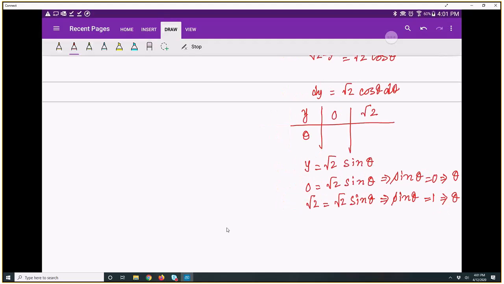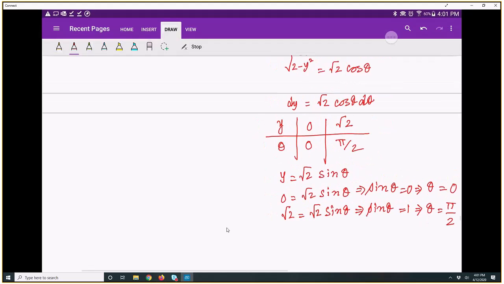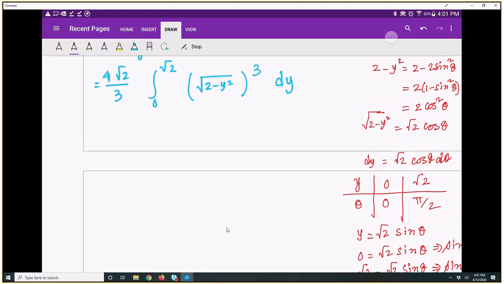So using this new set of limits, 0 and pi over 2, we are going to go back and we will rewrite this integration. So I will get 4 square root of 2 over 3, the constant outside. Limits are 0 to pi over 2 now. Square root of 2 minus y squared is square root of 2 cosine theta whole to the power 3 times dy is square root of 2 cosine theta d theta.